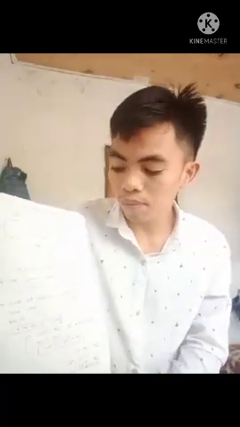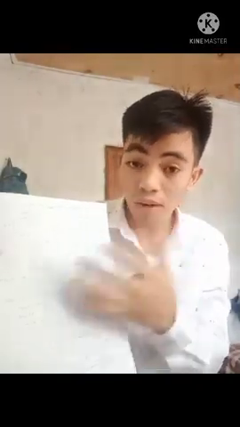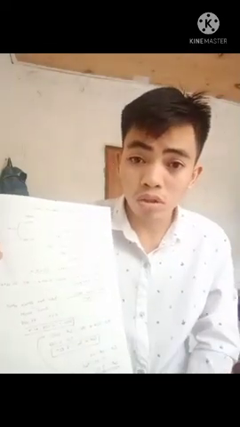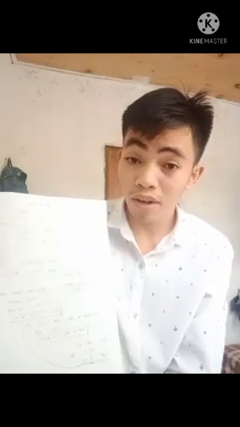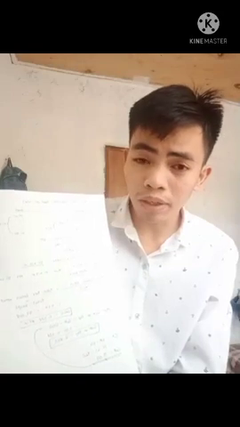Then our mean draft, we add the forward draft and the aft draft, then divide by 2. So we get 10.613, the same, because they have the same forward and aft draft. So our trim is even keel, or 0.